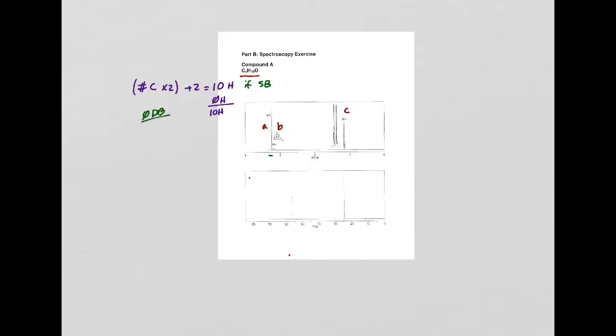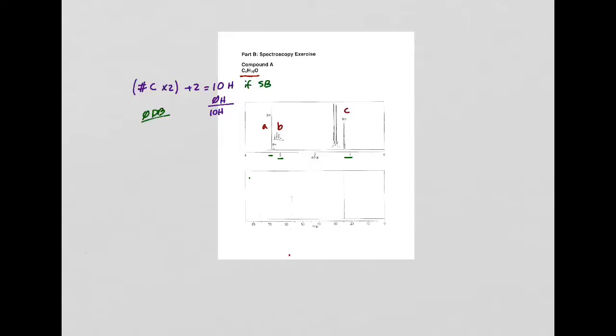Peak B is also downfield, so they're all over 3 ppm. I know I have an oxygen, so the oxygen is probably what's making those deshielded. And then I have peak C, about 1.2 ppm, and it has 6 hydrogen. Those are the chemical shifts that I have.